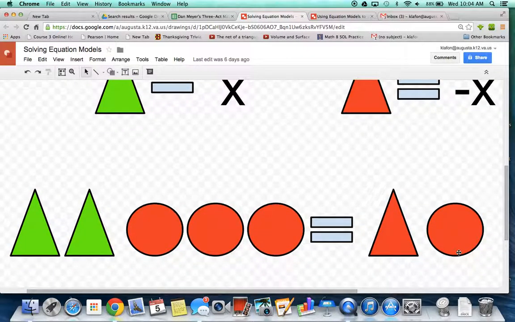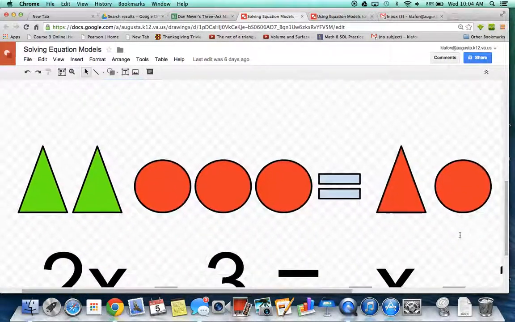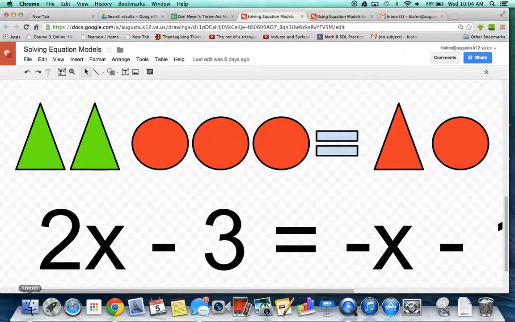If we have 2 green triangles, that's going to represent 2 x's. If we have 3 red circles, those are 3 -1s, which are equal to -3. We'll keep our equal sign.